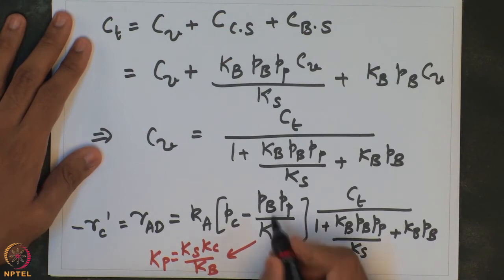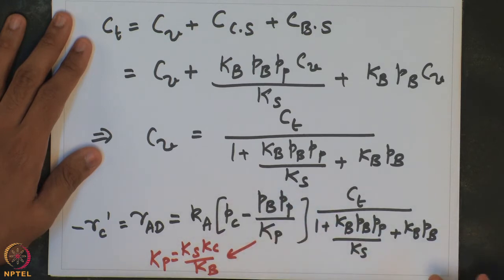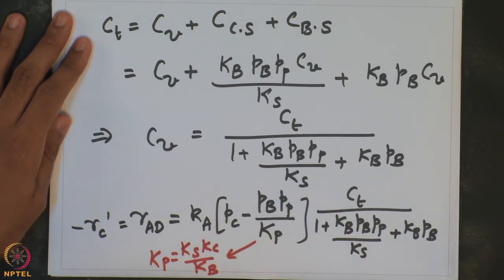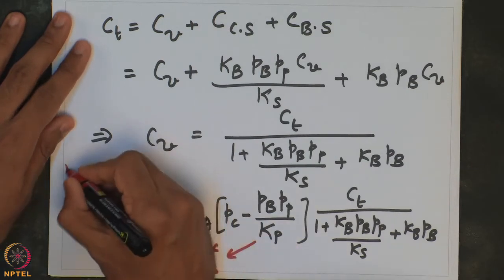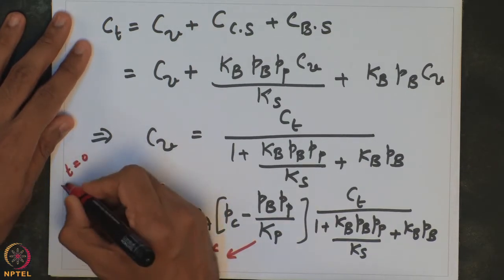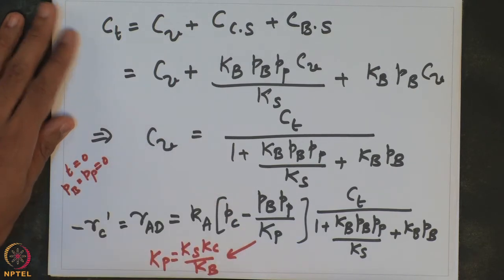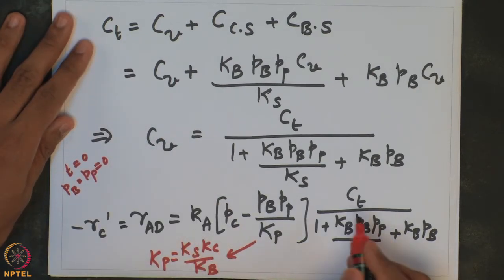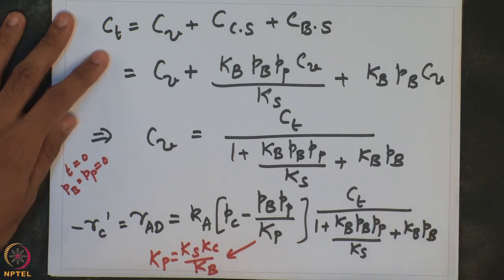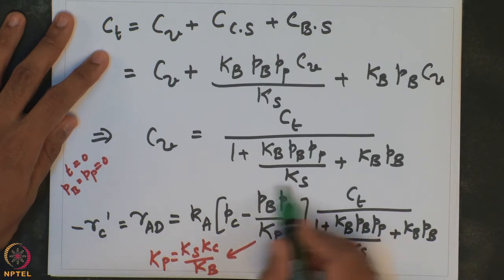Suppose initially the benzene and propylene, which are the product species, are not present, then the partial pressures of these two are likely to be 0. So if at initial time t equal to 0, the partial pressures of benzene and propylene are equal to 0, then this expression essentially boils down to, so this term goes to 0, this term goes to 0, and the first term goes to 0.